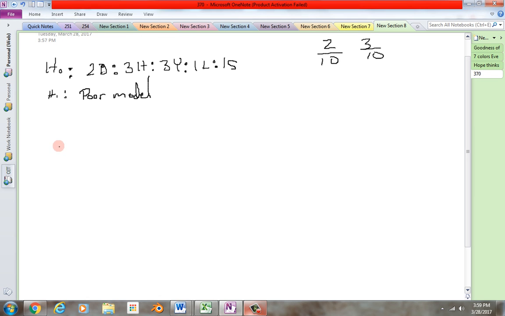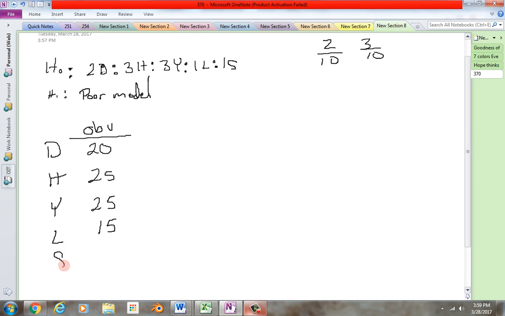And so if you go out there and collect them, and you say, all right, here are my observed values: my Durocs are 20, my Hampshires are 25, my Yorkshires are 25, my Landraces are 15, and my Spotted are 10. Okay, and you're like, well, let's add that up.